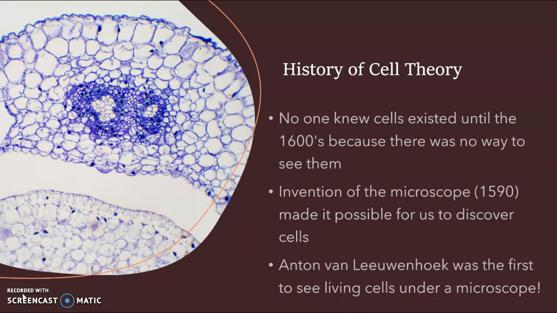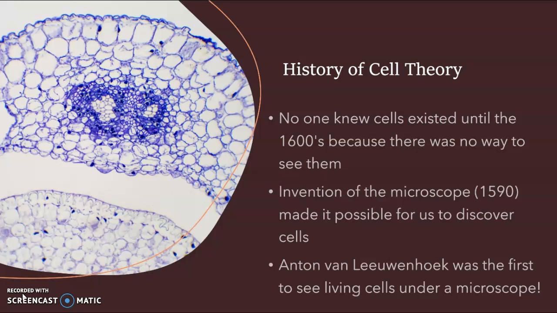I'll talk a little bit about the history of cell theory that you already have watched in that video. So to reiterate, no one knew that cells existed until the 1600s because there was no way to see them. We can't see most cells with our naked eye. We need to have some sort of tool to see them. And the tool that we came up with was the microscope that was invented in about 1590.